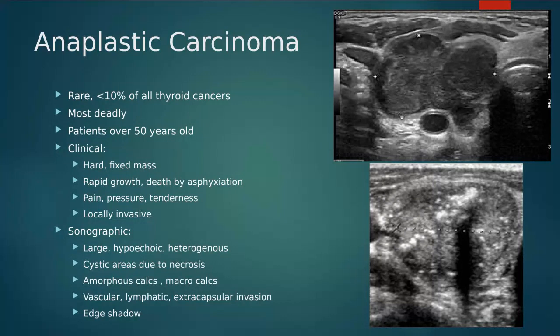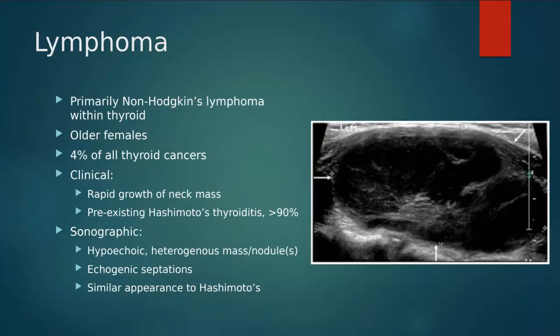So these are very, very, very aggressive and very unfortunate. Also very variable in appearance, like a lot of malignancies are. And next we have lymphoma. So rounding out our thyroid malignancies, when we see lymphoma in the thyroid, it's primarily going to be non-Hodgkin's lymphoma.